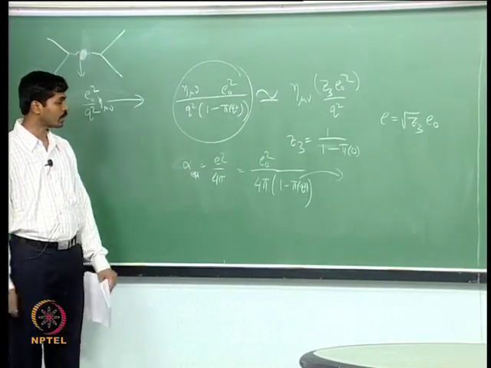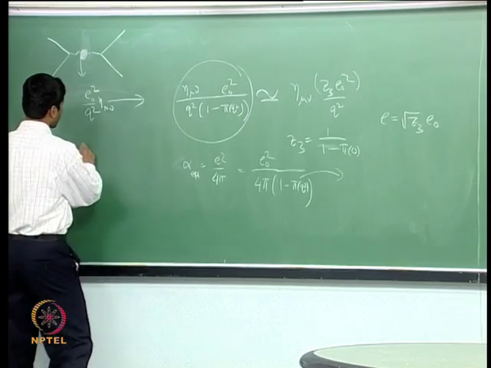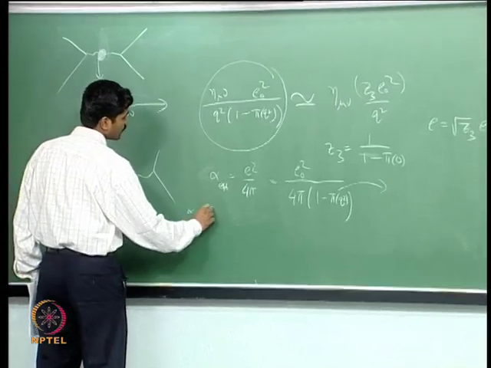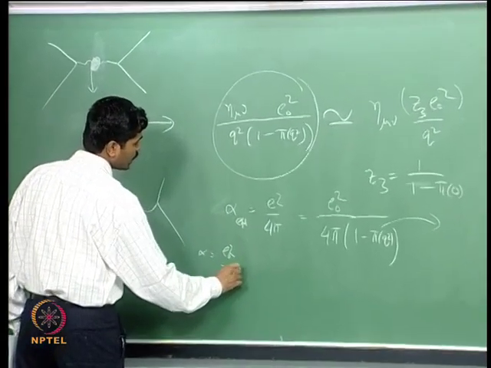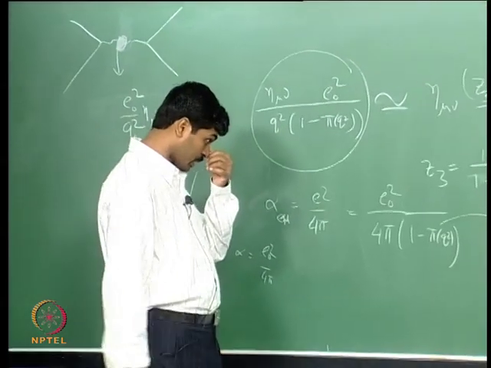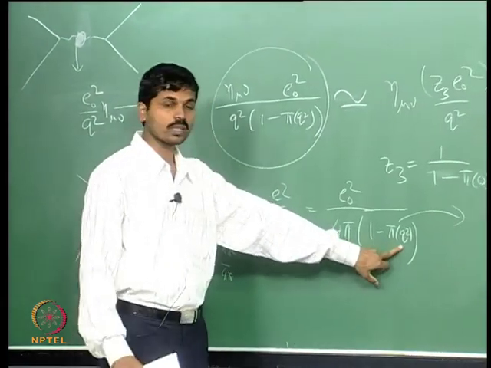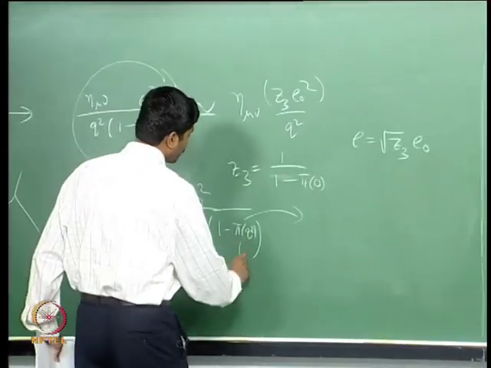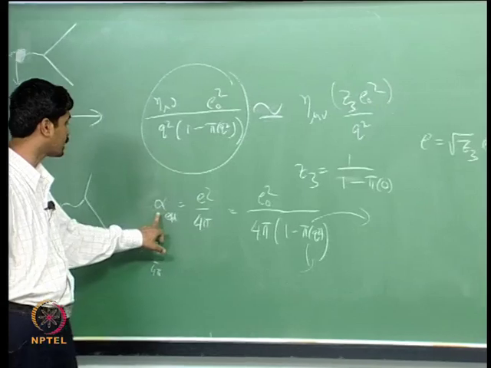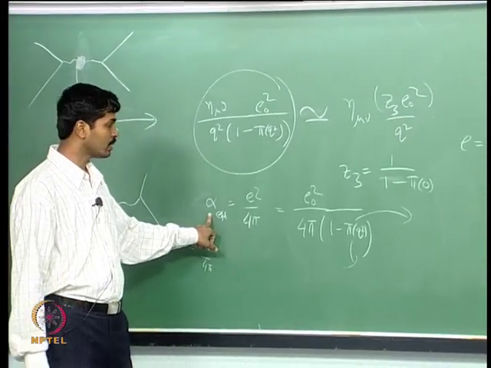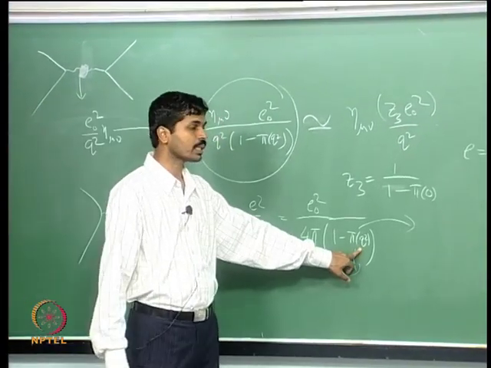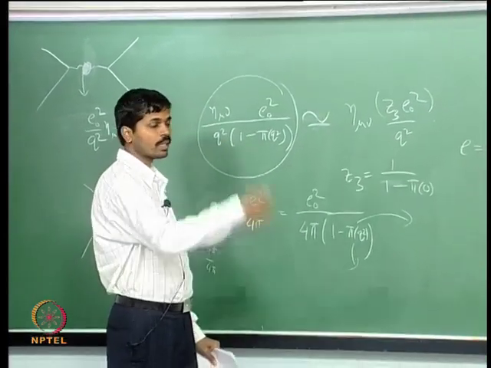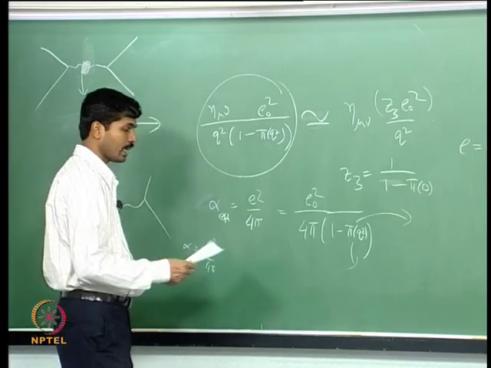At tree level, at zeroth order, if you consider merely a process like this, then alpha is simply e0 squared divided by 4 pi. However, the quantum corrections modify this, and then this is what you get. If we know what pi of q squared is, then we know the effective coupling here, and this pi of q squared we can explicitly determine order by order by explicitly computing all the diagrams.